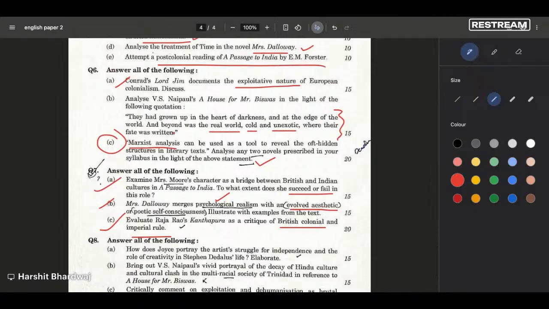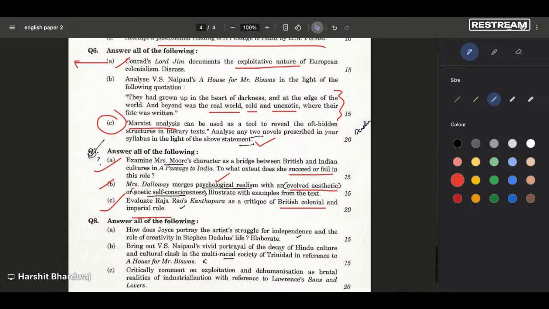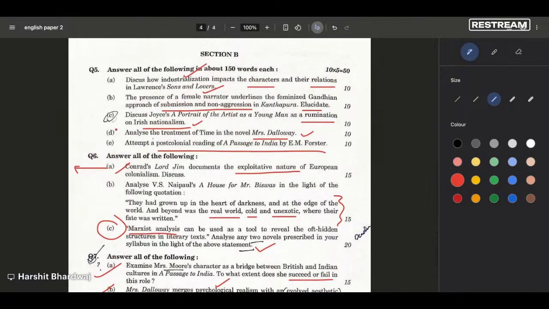So every question, let's say in question number 6, this is a very standard question. In question number 7, this is a very standard question. This is a kind of question that you must prepare. In the short notes, this is a standard that you must prepare. I would even say the idea of time is something that you must prepare in Mrs. Dalloway.